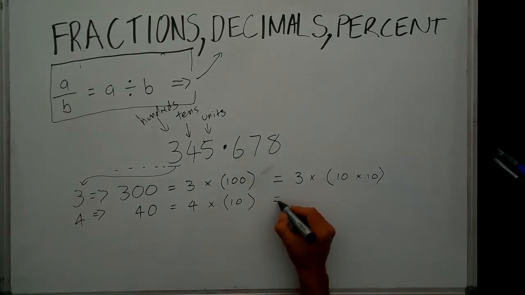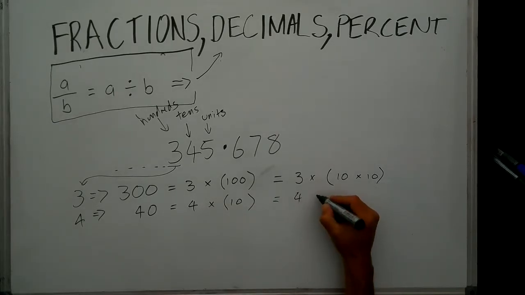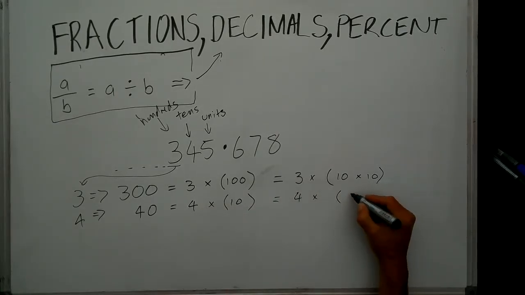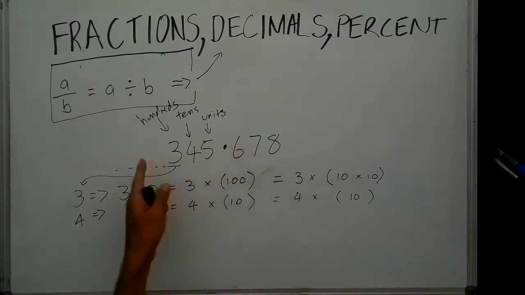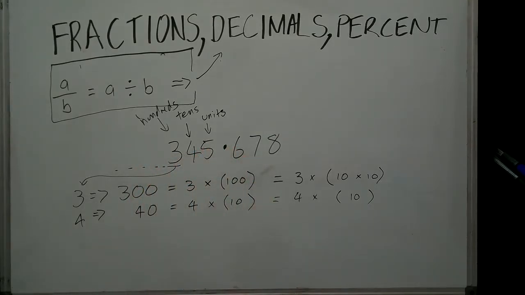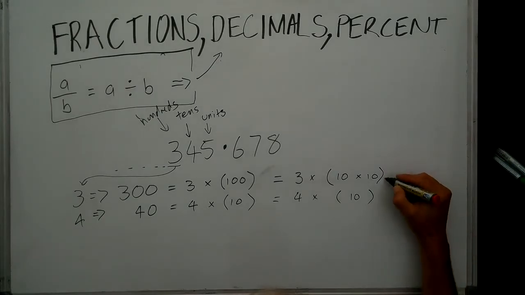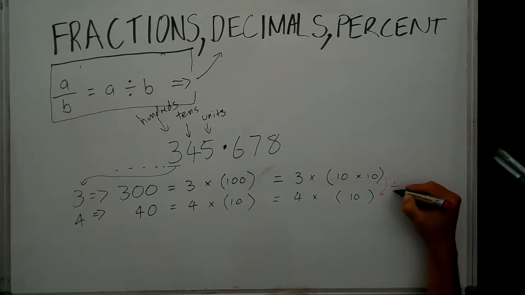And I'm just going to write this again over here. So as you can see, as we come down to the next position, closer to the decimal point, it's in a different colour. We're essentially, as we come down here, dividing by 10.